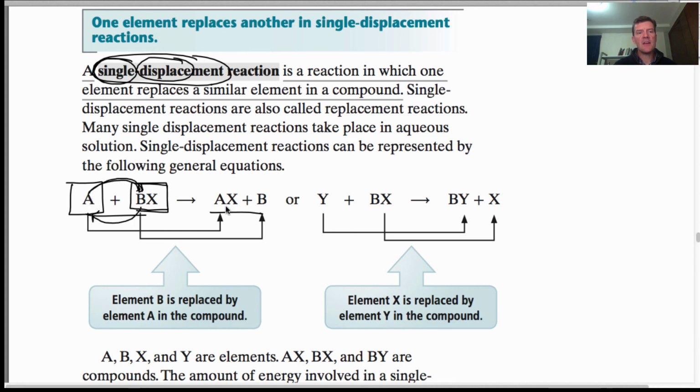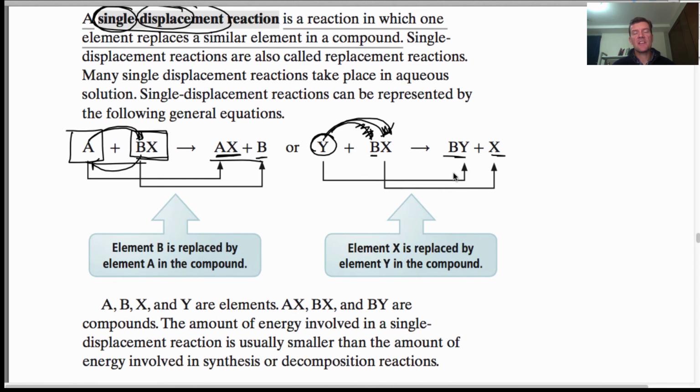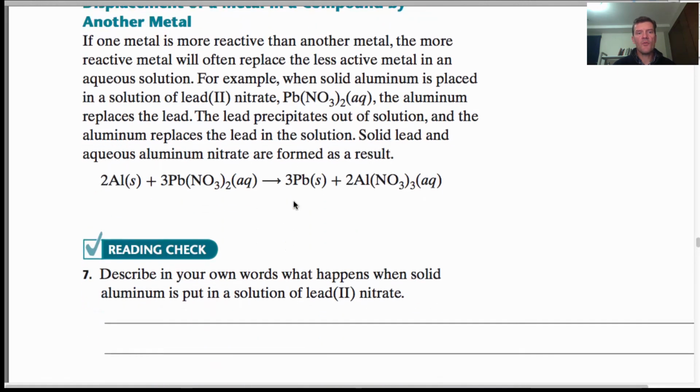A kicks B out, and now A is in the compound, and B is by itself. Okay? Or here, Y comes in and replaces X. This time it's replacing the non-metal probably. It's going to kick the X out, and now you're going to have B, Y, and X is by itself. So basically somebody comes in and kicks something else out, and now it's by itself. All right? That's basically the form that you're looking for.